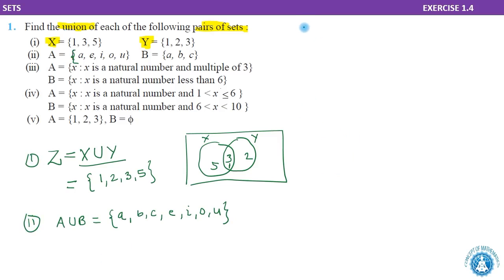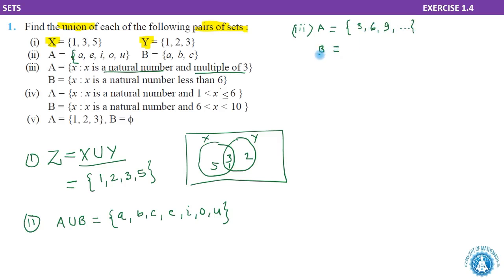Now coming to the third, it is written in set builder form, so we will translate it into roster form. Set of all x such that x is a natural number and a multiple of 3. It must be a natural number and also a multiple of 3, so we satisfy both conditions, and then A will be written as 3, 6, 9 and so on.